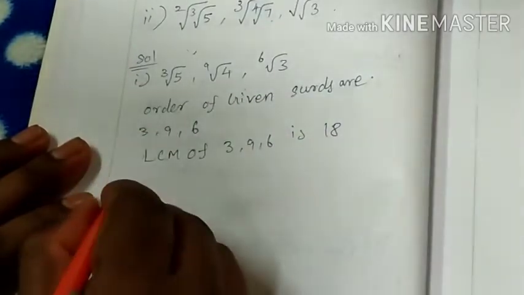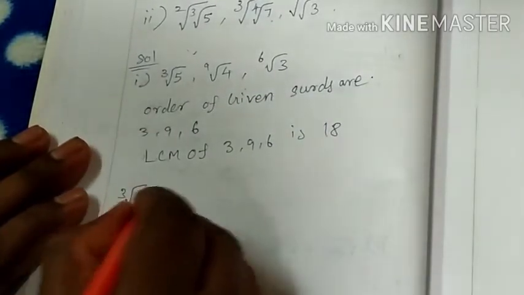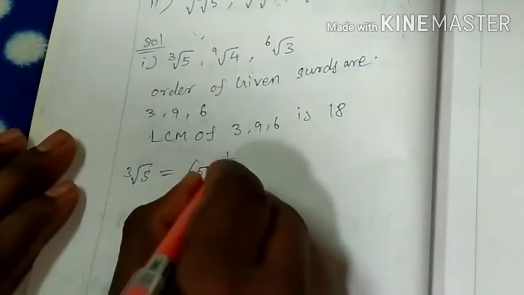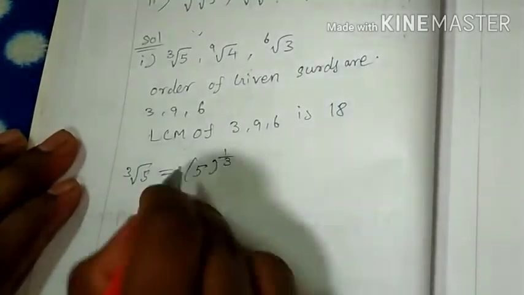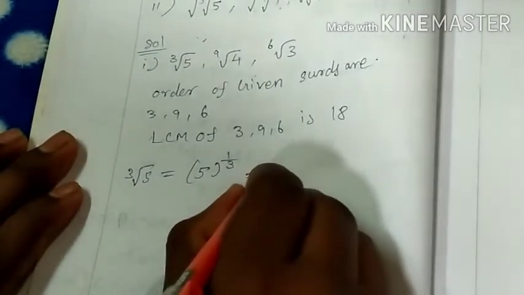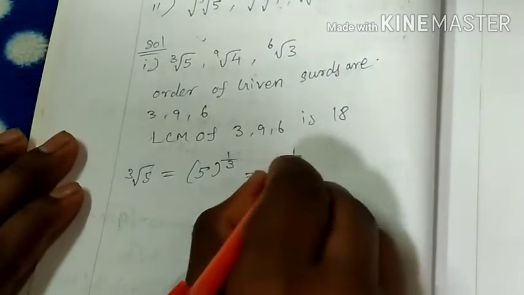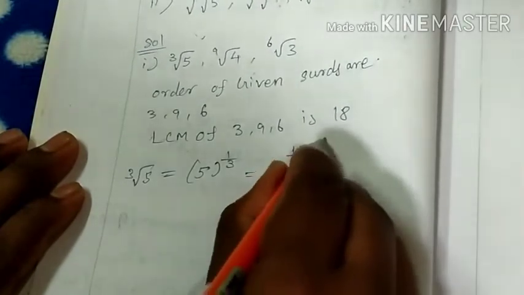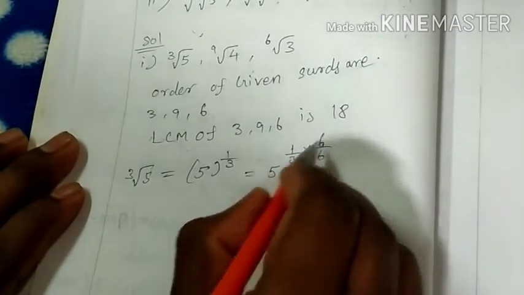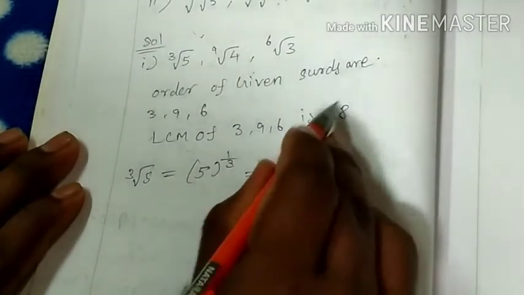The first number, cube root of 5, can be written as 5 power 1 by 3, the fractional index. Multiply by 6 by 6: 6 threes are 18, so all the index values are converted into 18.